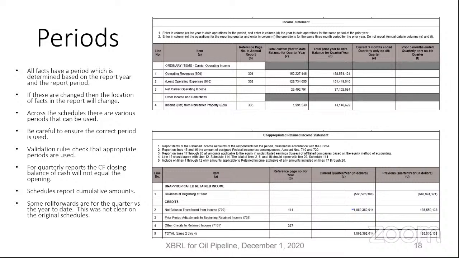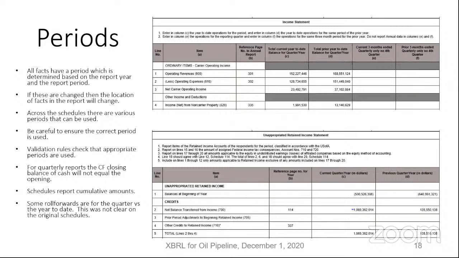Across most of the form, there are various periods that can be used. Obviously, everything finishes on a fiscal year. So if it's quarterly, you've got to use the quarters that the FERC defines. And if you're using years, you've got to use the years that they define. If you use the incorrect period, so let's say rather than 31st of December you use the 30th of December, you're going to find none of those values will be rendered because it's an invalid period.